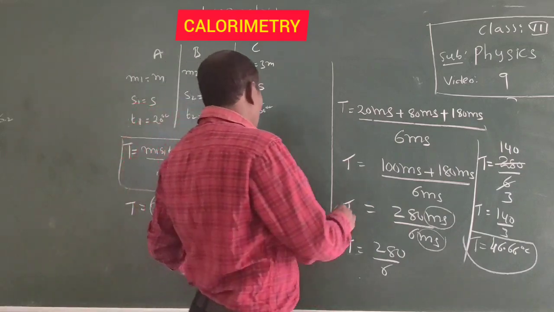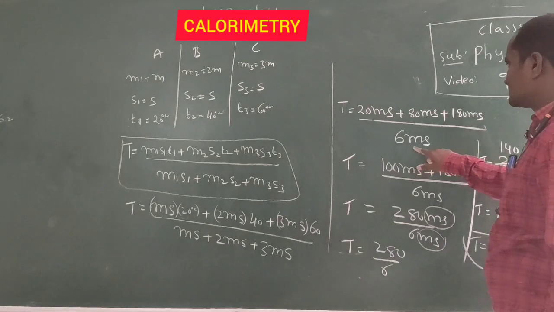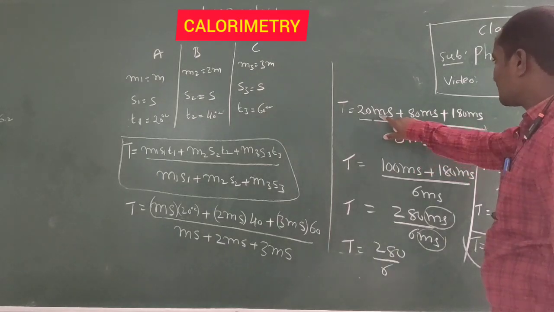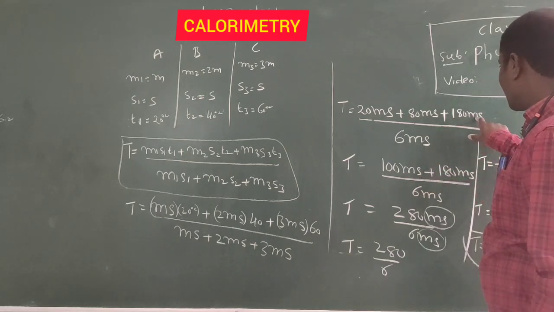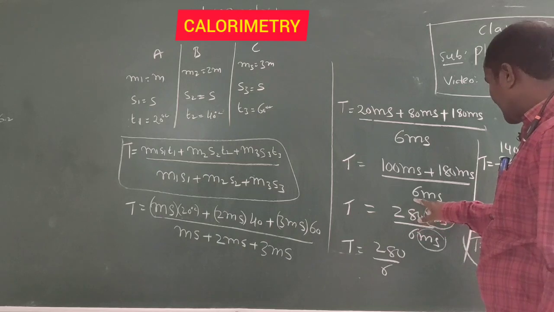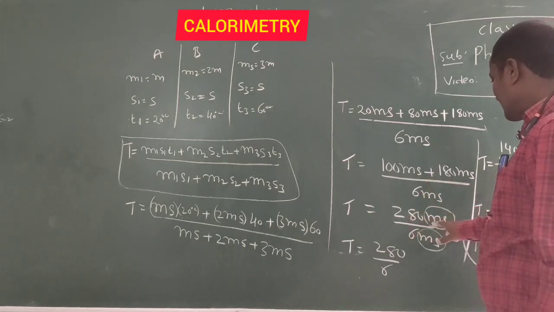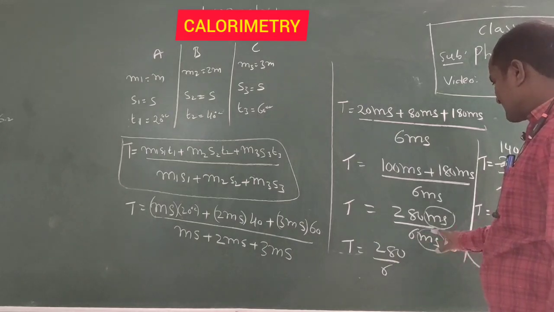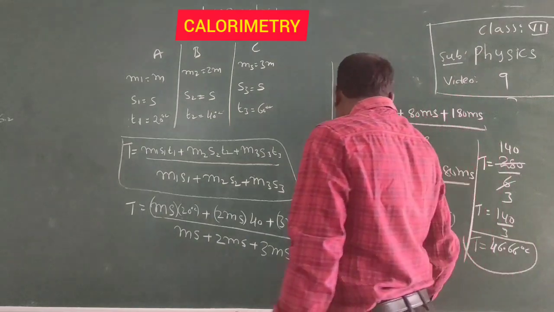So here 20 MS plus 80 MS plus 180 MS by 6 MS. So 20 plus 80 equals 100 MS plus 180 MS. So 100 plus 180 is 280 MS by 6 MS. So here MS will cancel. Remaining value 280 by 6.